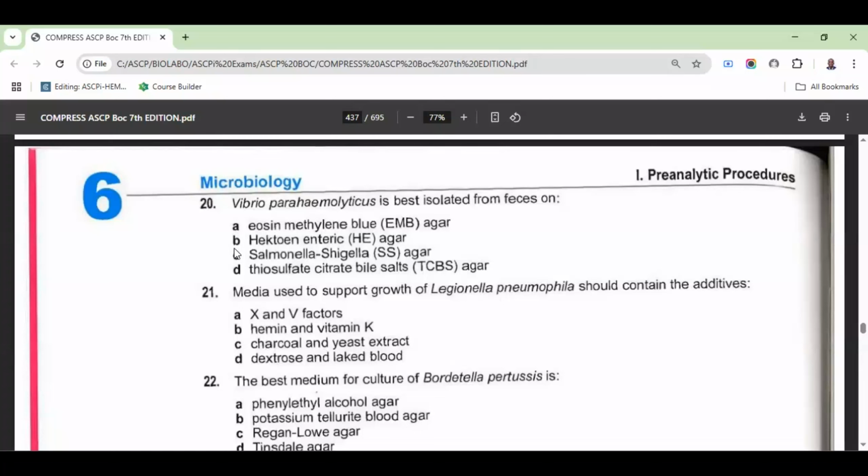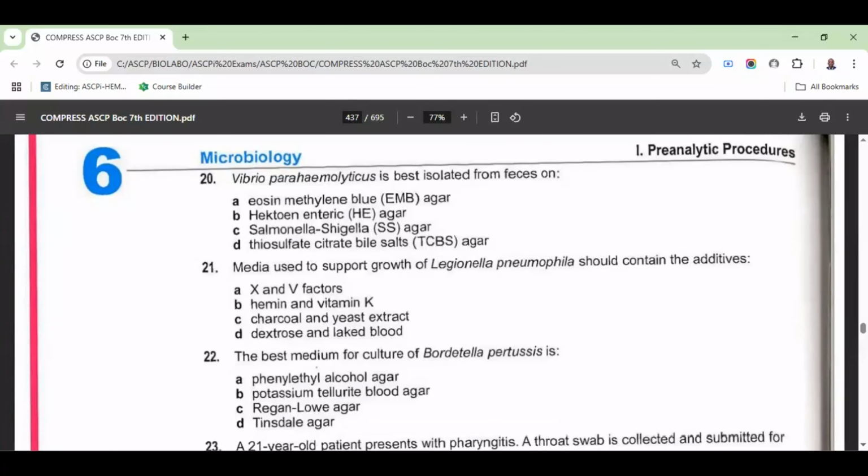Hektoen enteric agar and Salmonella Shigella agar are both used for Salmonella and Shigella. Then we have also eosin methylene blue. You remember yesterday someone gave us the idea that this is used for Escherichia coli. So we are remaining with the thiosulfate citrate bile salts. Okay.